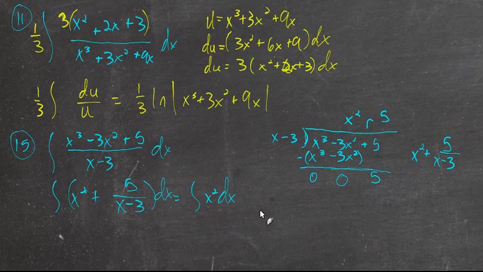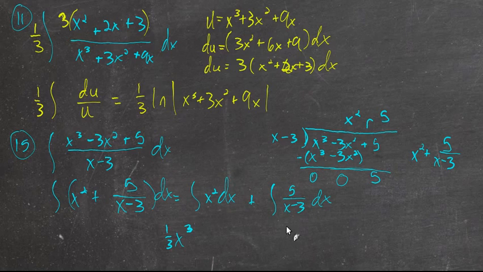Easy. I can take the antiderivative of that, plus the antiderivative of 5 over x minus 3 dx. So this is just x to the third times 1/3. So that's good. If I take the derivative of that, I'll get x squared.